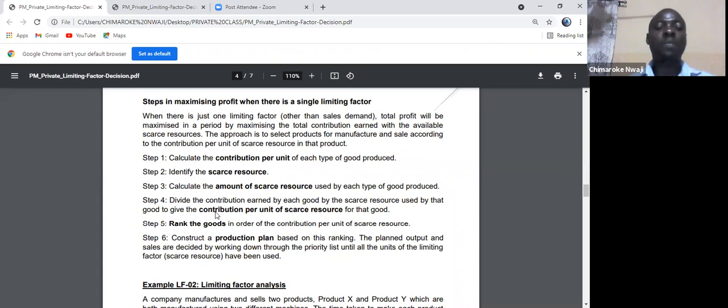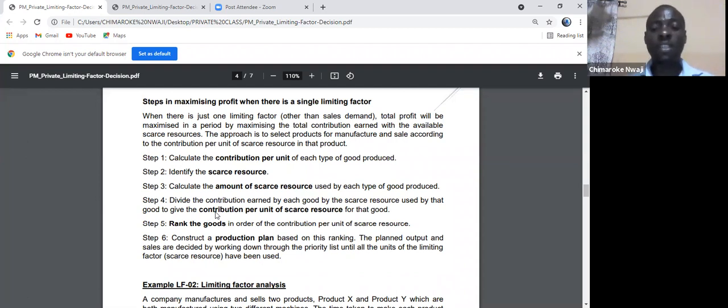Then fourth step, divide the contribution per unit, step 1, by the amount of scarce resource per unit, step 3, to get contribution per unit per scarce resource. Then step 5, you need to rank the product in the order of the contribution per unit of the scarce resource.